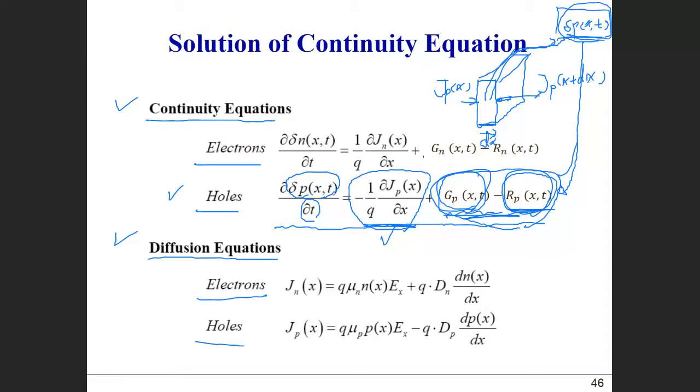In that case, the balance between generation and recombination is broken. If you have more holes, then through the recombination process the hole concentration goes down and reaches the thermal equilibrium value.